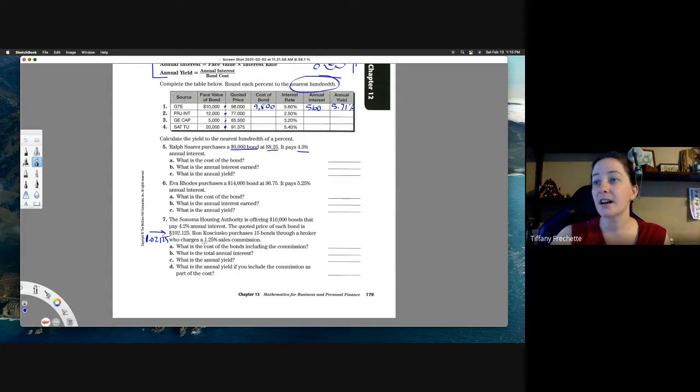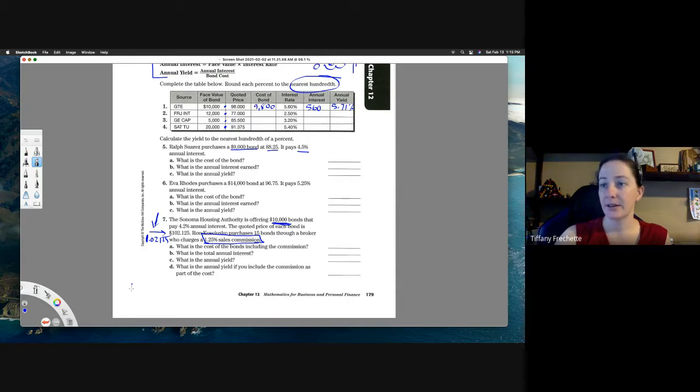So this is coming back, sales commission, from some previous lessons here, of, we have to pay for this service of buying and selling our investments. So first, what is the cost of the bonds, including the commission? So we need to take our $10,000, multiply it by our quoted price, and then add, we also need to multiply by 1.25, because that'll tell us what the commission is.